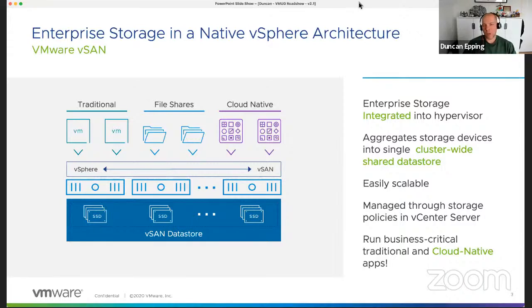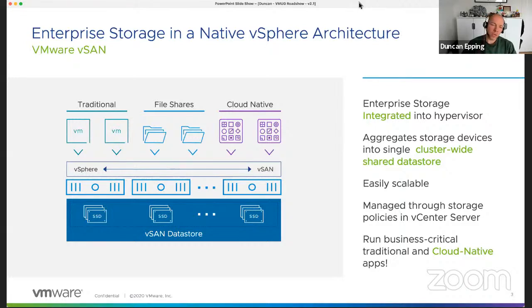But just going over what it looks like from an architectural perspective, vSAN is a storage solution that is baked into vSphere itself. So basically, if you as a customer understand how to manage a cluster, HA and DRS, you will probably also be able to configure and manage vSAN.